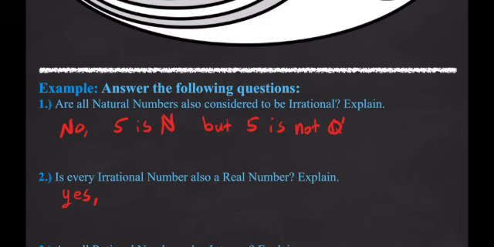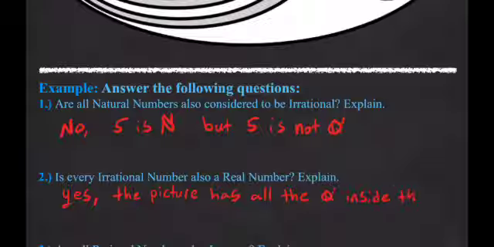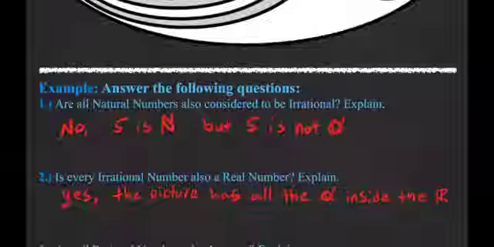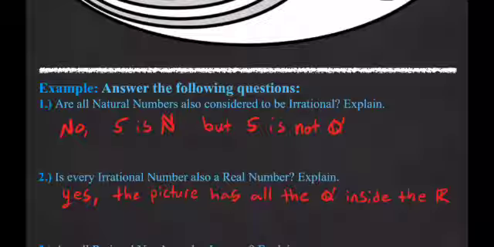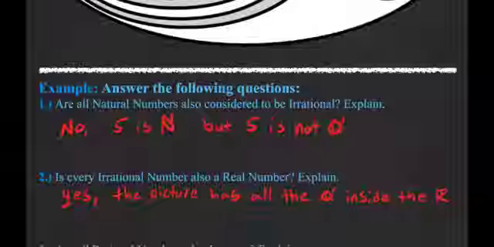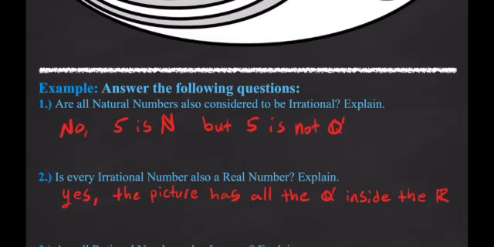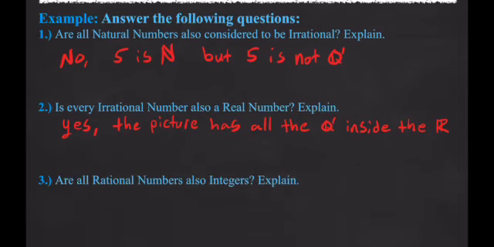So yes, we can say the picture has all the irrational numbers inside the real numbers. Okay? It is helpful to know what these symbols mean. And as we go along, you're going to start getting used to the symbols. I know it might be a little bit tough right now, but as we go along, it will start making a little bit more sense.